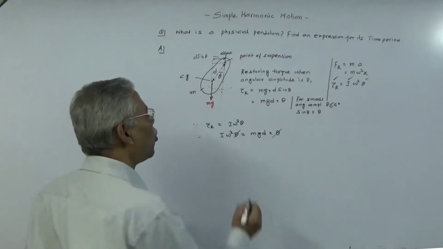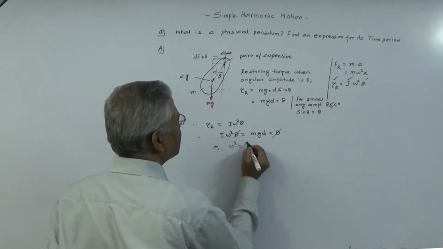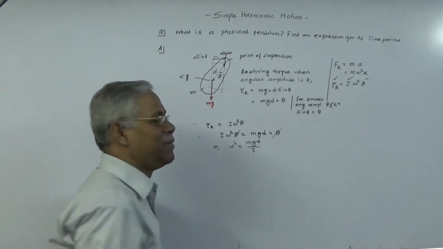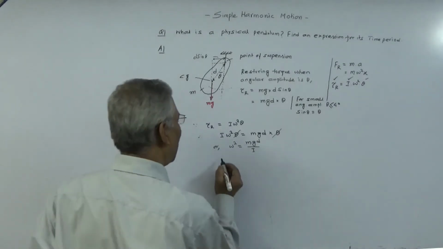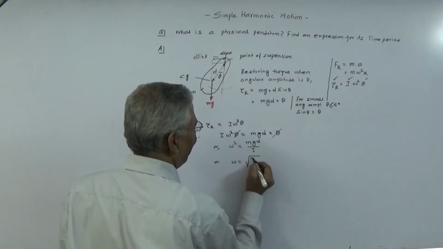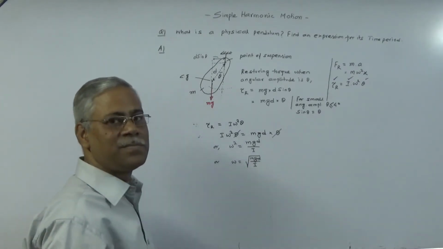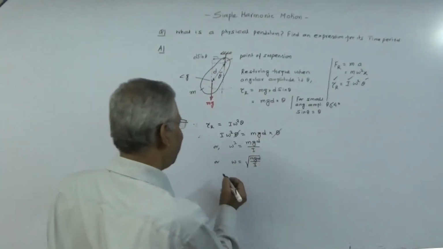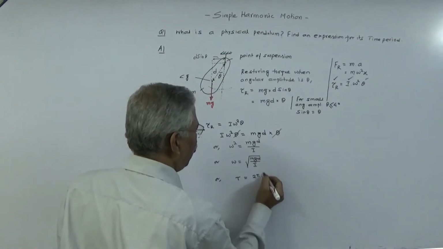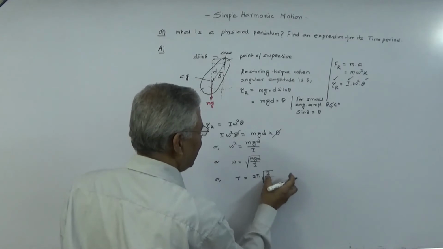Theta cancelled, so omega square equals mg d by I, or omega equals root over mg d by I, or T equals 2 pi root over I by mg d.